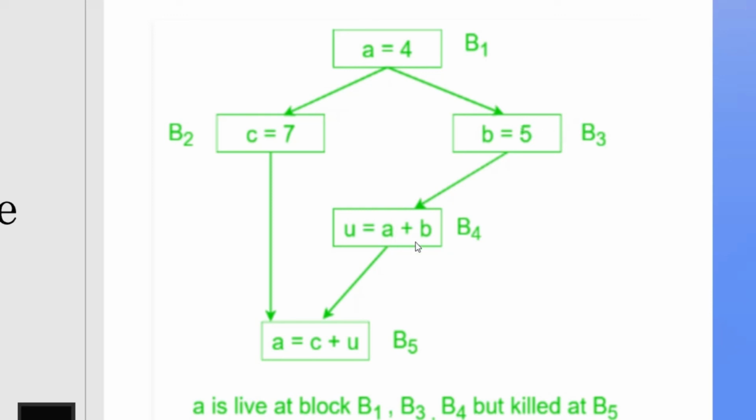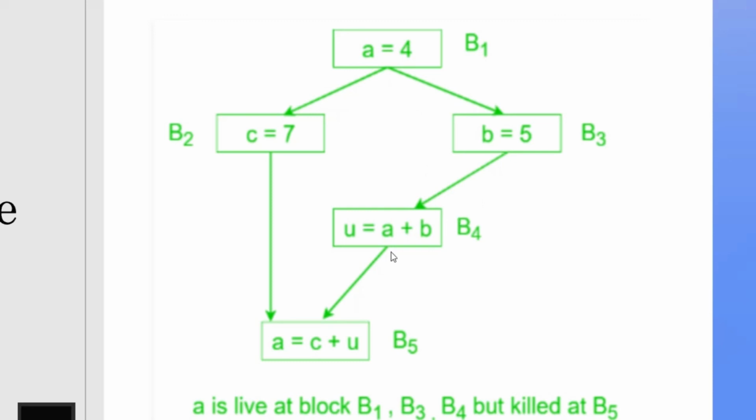Whereas in block B5, a equal to c plus u. What is c? 7 is the value of c, and u is stored in block B4. Here the value of a is changed. So the first value of a, that is a equal to 4, is live at block B1, block B3 and block B4.